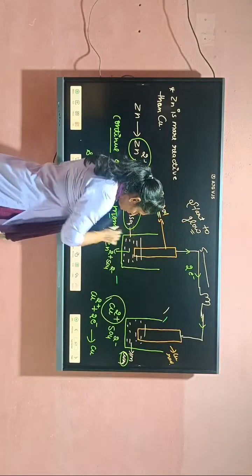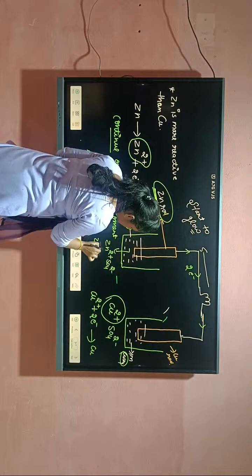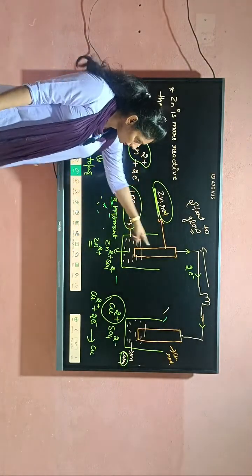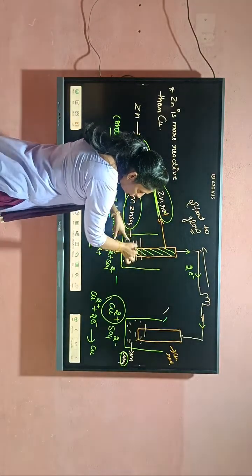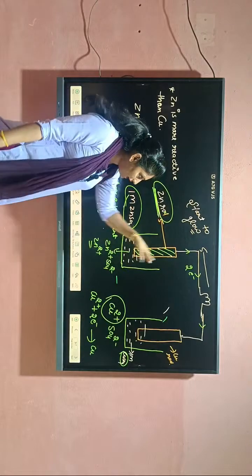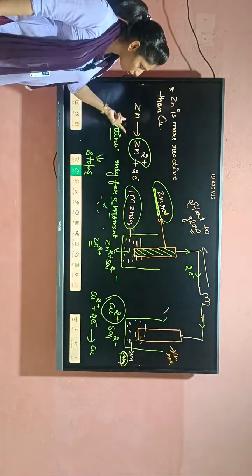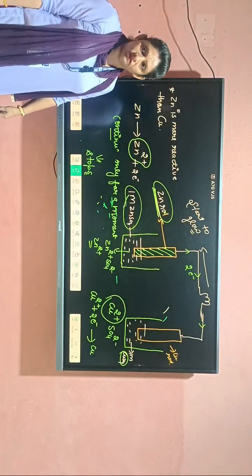And students, further formation of Zn2+ ions is taking place here, because this metal rod is continuously losing its electron. After losing the electrons, it is converting into Zn2+ ions.